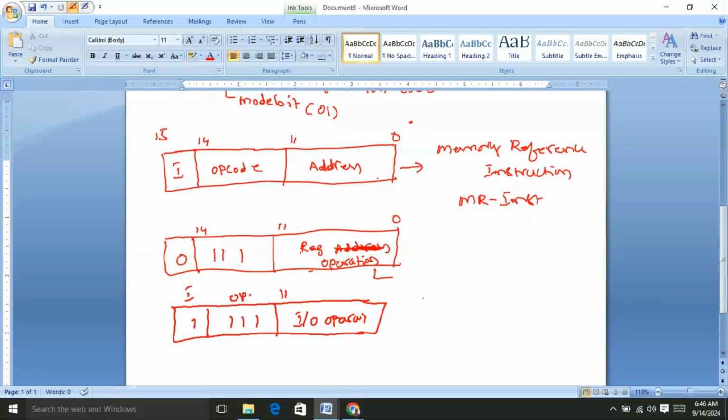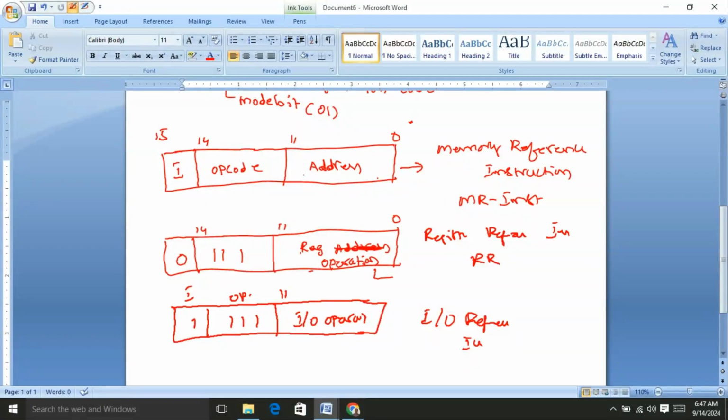This is known as the IO reference instruction. The previous one is known as the register reference instruction, simply RR instruction.